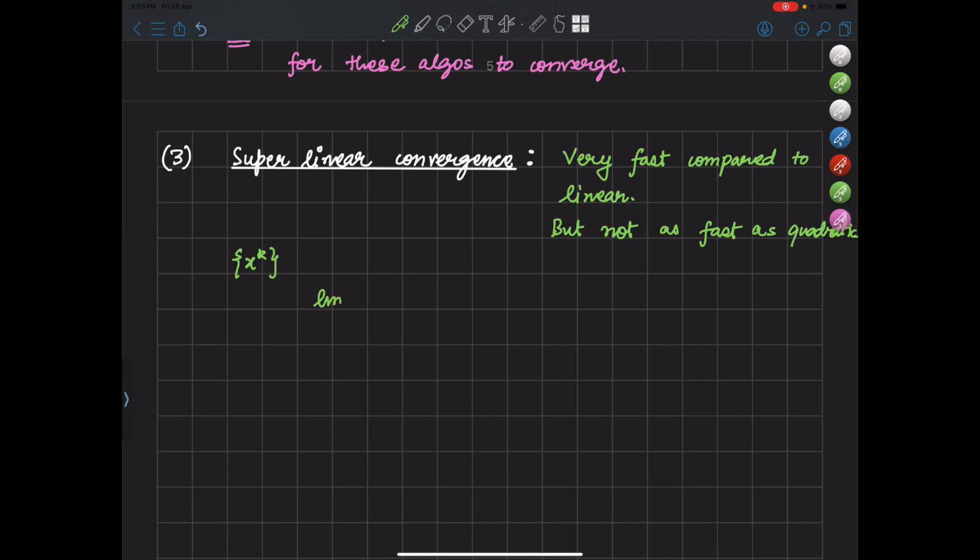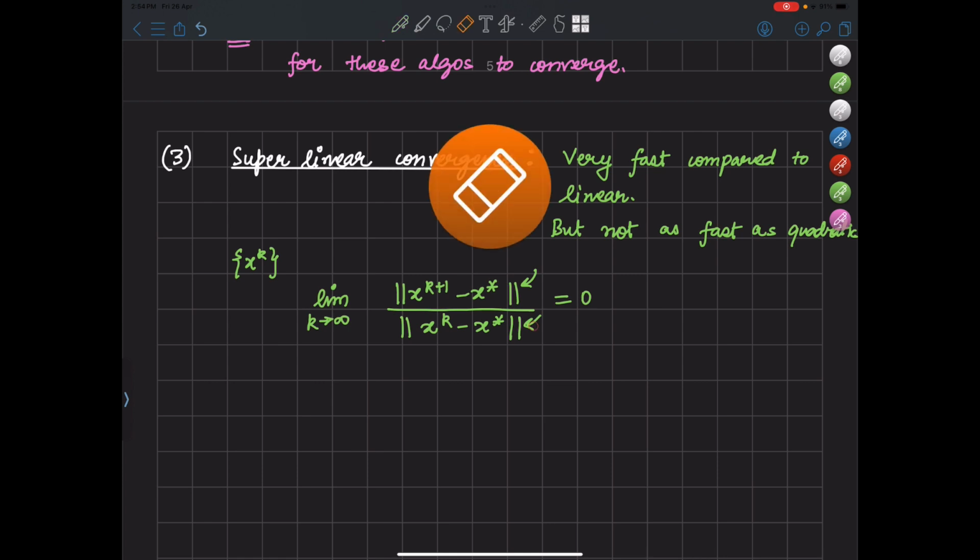Then, if the limit as k tends to infinity of the norm of xk plus 1 minus x star over the norm of xk minus x star is equal to 0, which means that the distance between xk plus 1 and x star is very, very small compared to xk minus x star, which means that it is faster than linear, very fast compared to linear convergence.